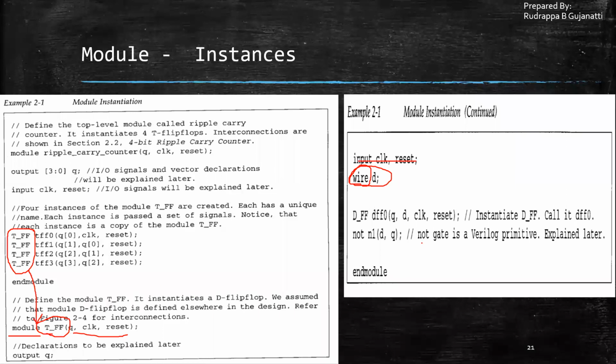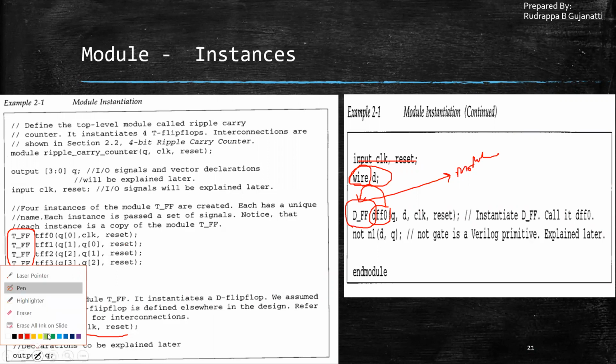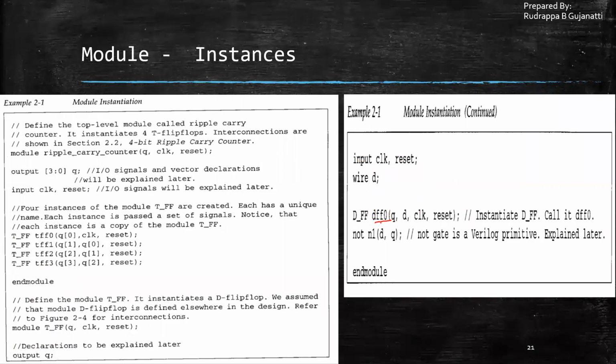Now under this, if you just check what has happened, he has used the template of D flip-flop. That is, D flip-flop is a module, and DFF0 is an instance of this D flip-flop.